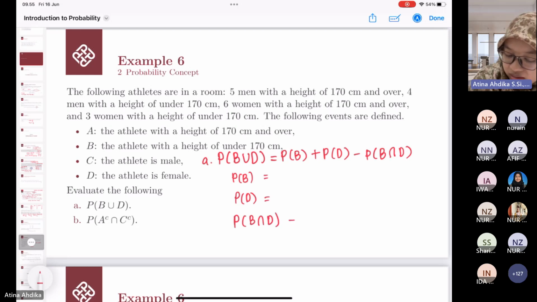I want you to answer, what is the probability of B? B is the event that represents the athlete with a height of under 170 centimeters.